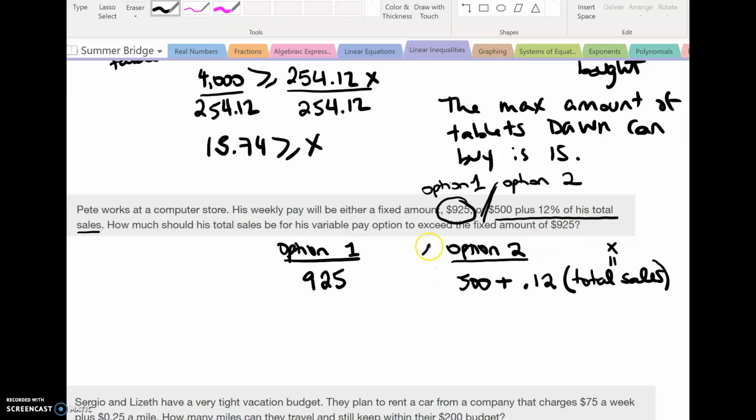So I want option 2 to be greater than option 1. And then I want to figure out what my total number of sales has to be.